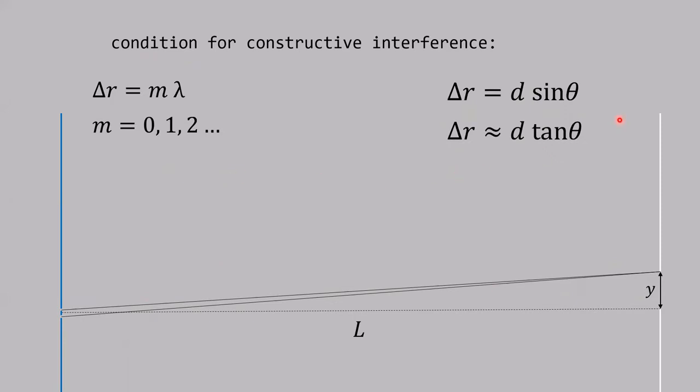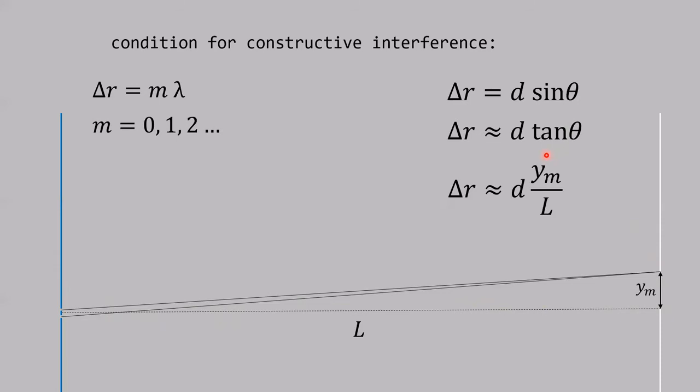I've already convinced you that the sine and the tangent are basically the same, out to like the trillionth digit maybe. And then the tangent of theta, that's what we can express in terms of the y-coordinate of the field point and the slit to screen distance. So let's replace the tangent of theta by opposite over adjacent.